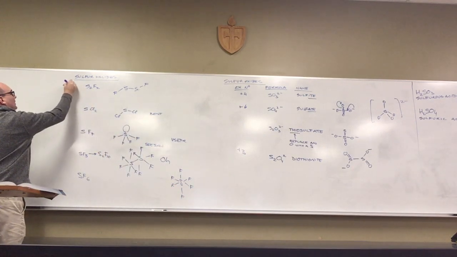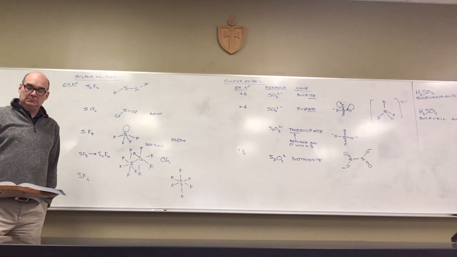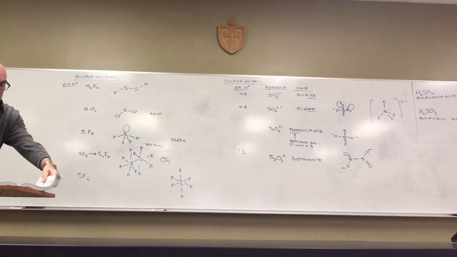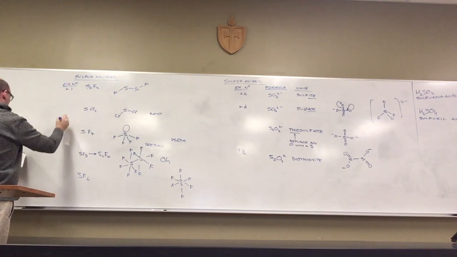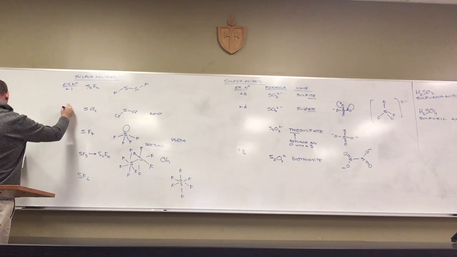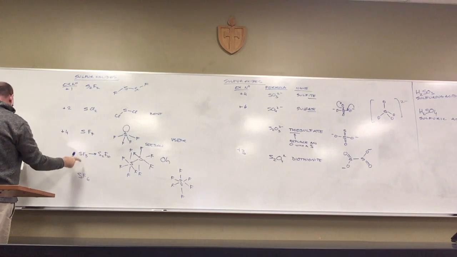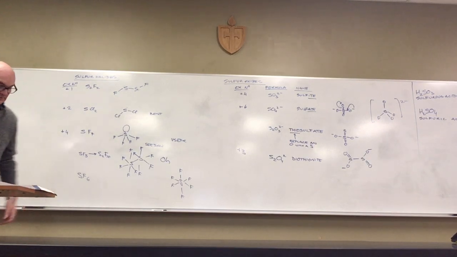All right, if I were to look at the oxidation number for each of these, I could do the same for the sulfurs that I did for the oxygens earlier. This gets to be a +1. This gets to be a +2. This is a +4. Can I keep the fluorides just as F minuses?